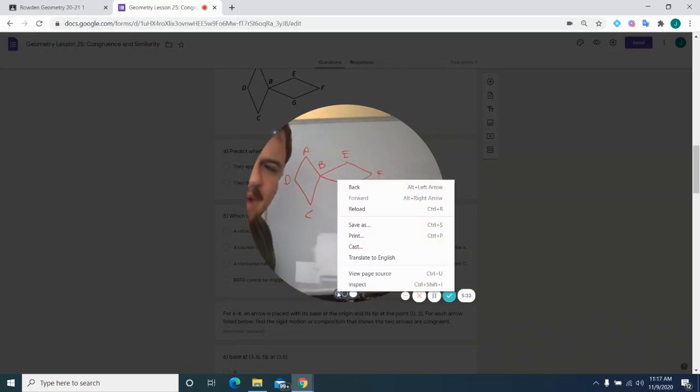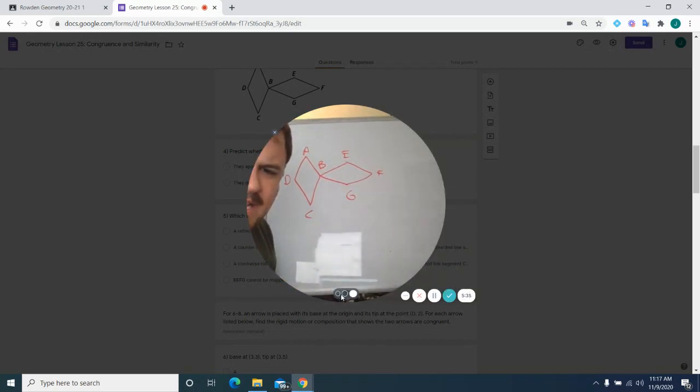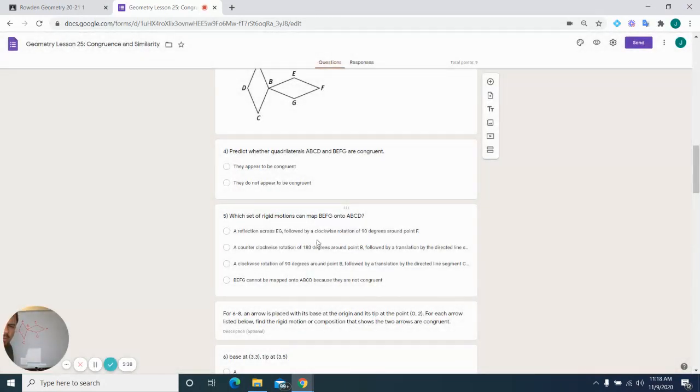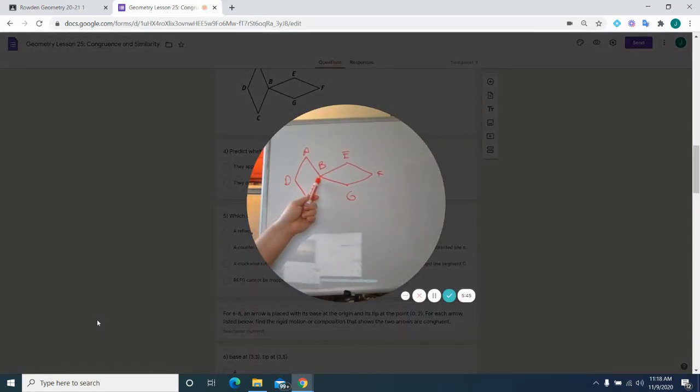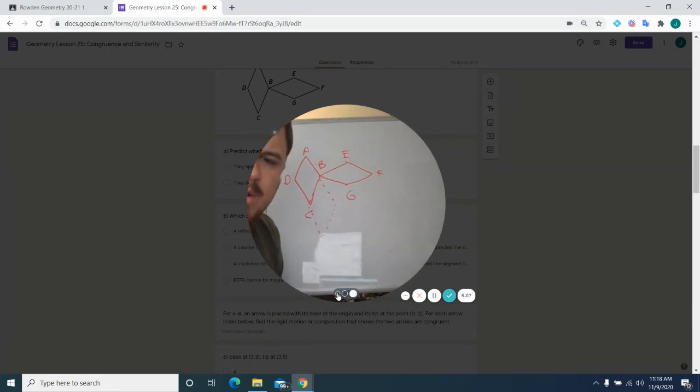Then we rotate clockwise 90 degrees around point F. So F is right here, and if you rotate it like that, now it's going to be like this. Does that map this onto that? No, it doesn't. So that first option isn't going to work.